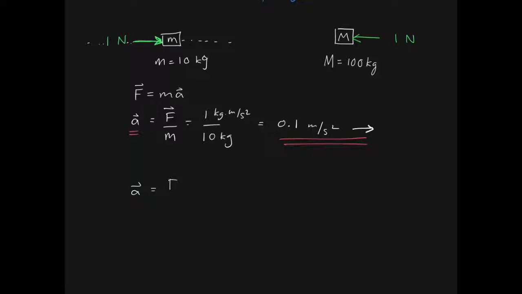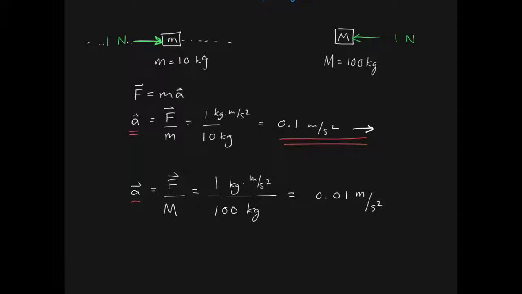Acceleration is force divided by mass, capital M. 1 Newton is 1 kilogram meter per second squared, divided by 100 kilograms, and this gives me 0.01 meters per second squared.